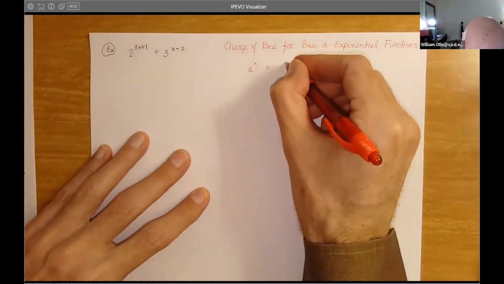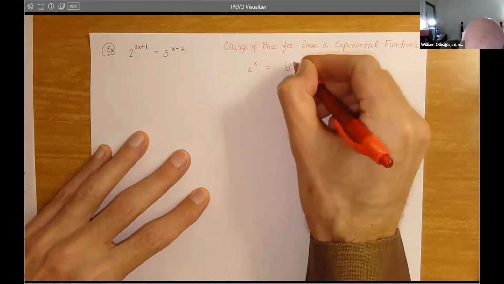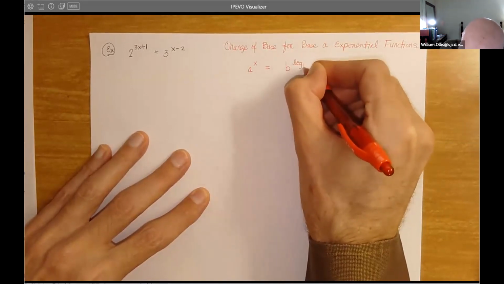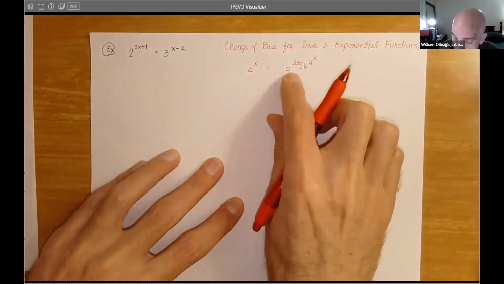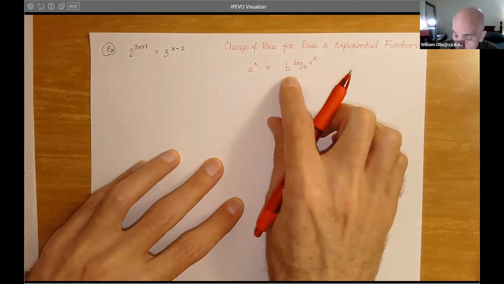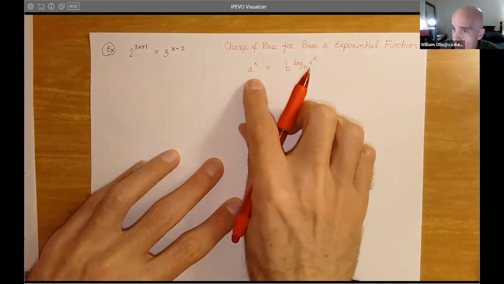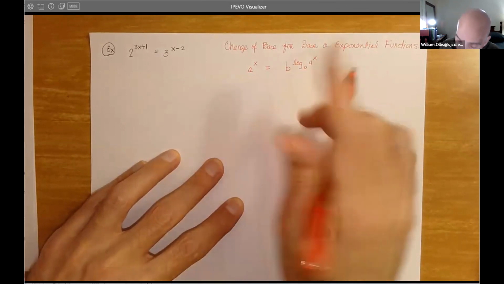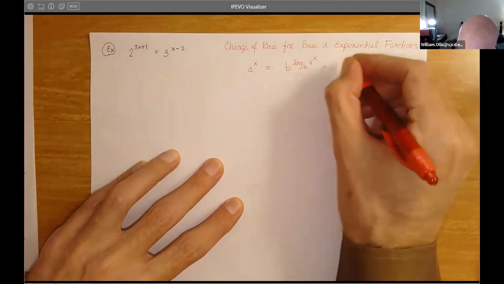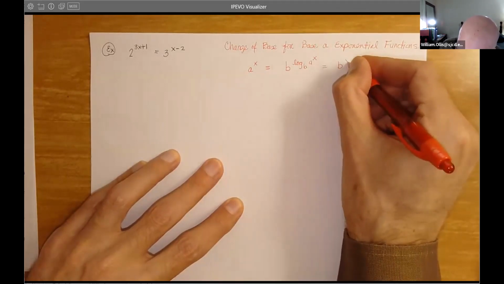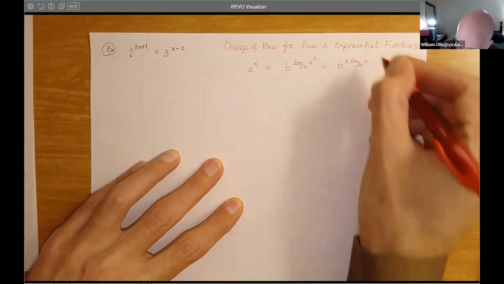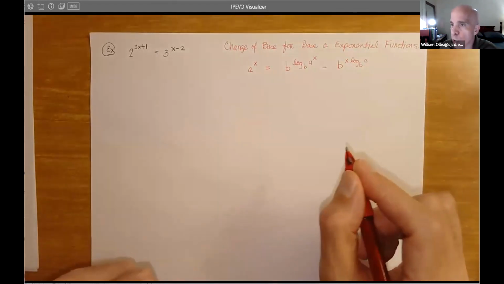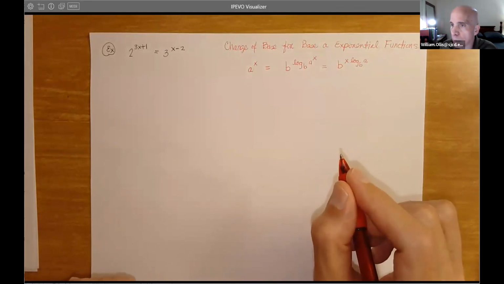That is, we can say B to the base b logarithm of a to the x. Well, b and the base b logarithm undo each other, and we just get a to the x due to the inverse rules. And then we can apply the power rule, and this just gives us b to the x times the base b logarithm of a. So we work backwards from what we learned about logarithms.